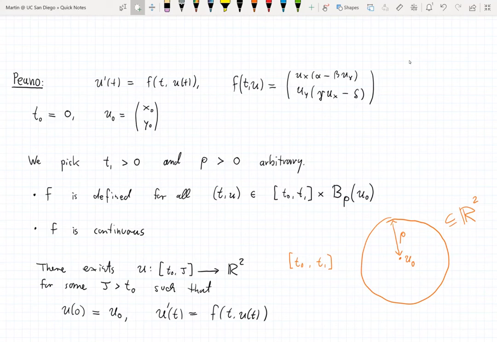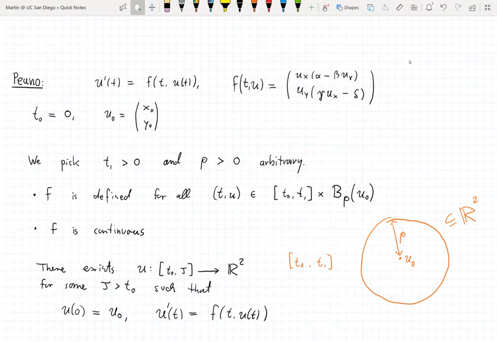To apply the Peano existence theorem, we need to pick some time t1 larger than t0, and we also need to pick some radius rho. For the time being, this can be completely arbitrary. We need to check where f is actually defined.